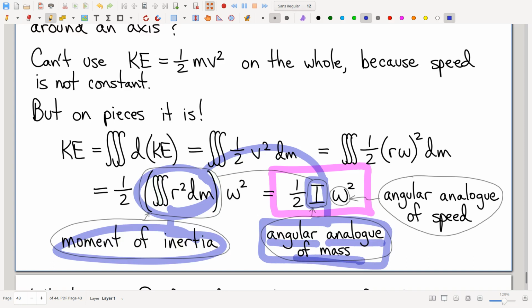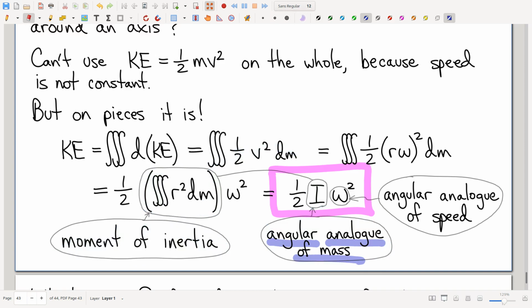Yeah? How would you integrate the radius squared with respect to mass? Okay, so you got to keep in mind, great question, this is not representing an m axis, right? This is Riemann sum shorthand. So it's a little sloppy.